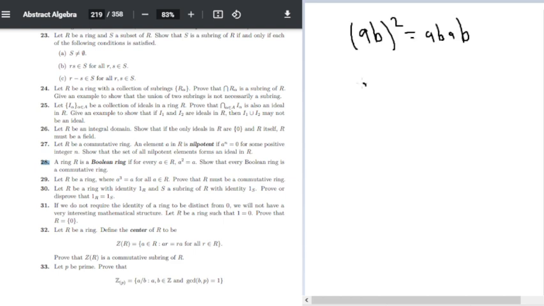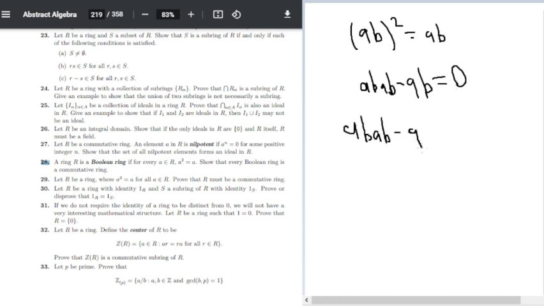So ab, or is it with ab? Now I want to factor it out, but I can't because of the 1. So ab minus ab plus ba is equal to ba.